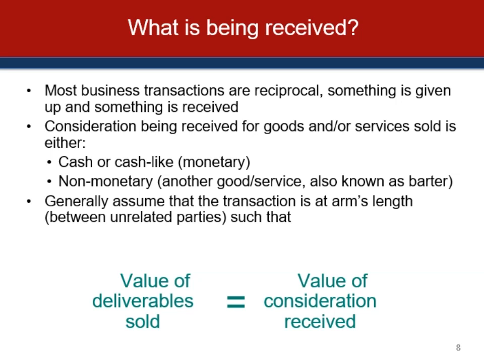The easy thing to do is if we can identify a cash or cash equivalent part of the transaction, then that's easy to record in most cases. It gets a little trickier when it fits into the barter category or non-monetary exchanges. So the key idea is the fair value of what is given up and the fair value of what's received back.